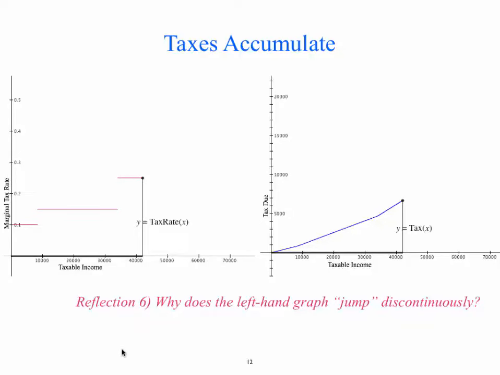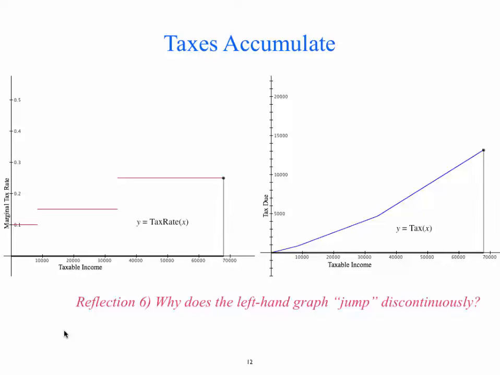Why does the left-hand graph jump discontinuously? Why does the left-hand graph, Paul, jump discontinuously? Because there's no tax rate for, say, I can't remember where that first break is, but it's like $8,300 some odd dollars. But there's no marginal tax rate of 0.12 or 0.13 or anything.